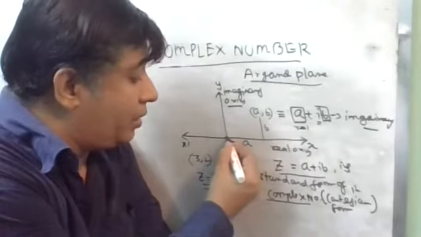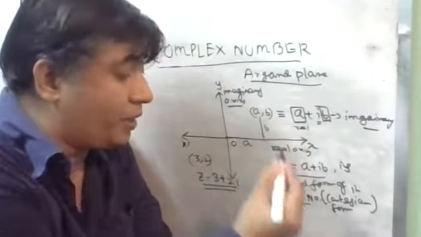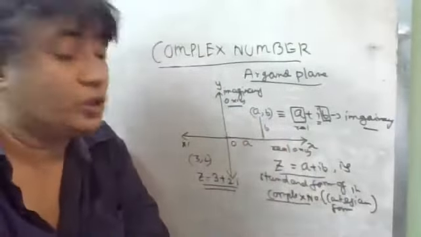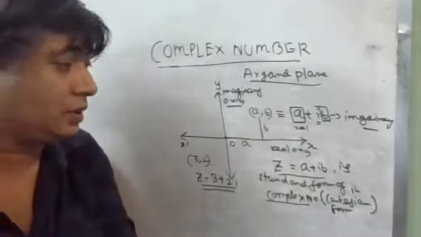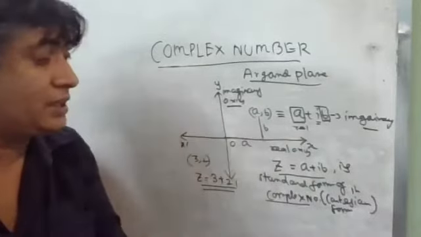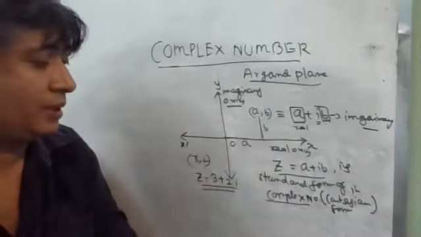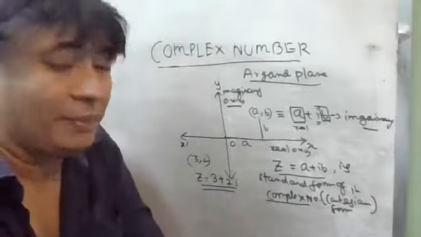In (a, b), one is the x component, another is the y component. Here also x and y components, so it is called Cartesian form. Hope you understood. This is the basics of complex number. I'm wrapping up now.